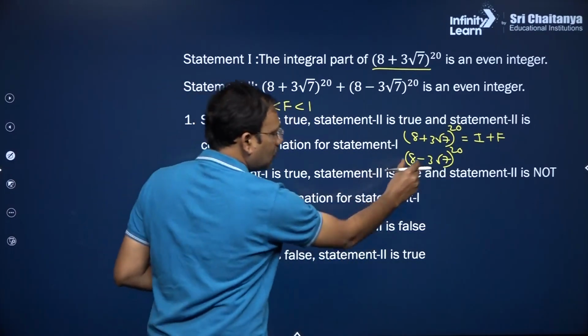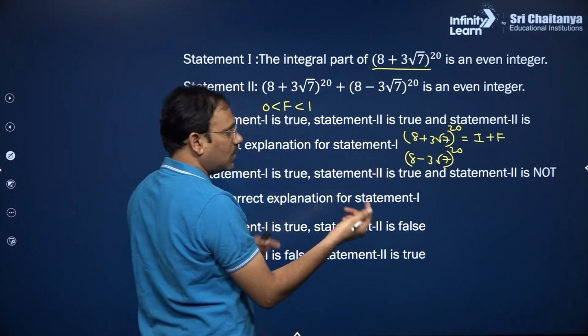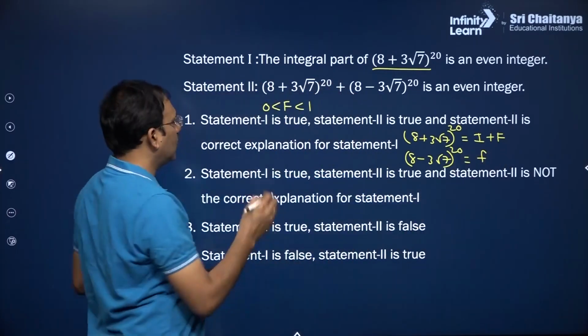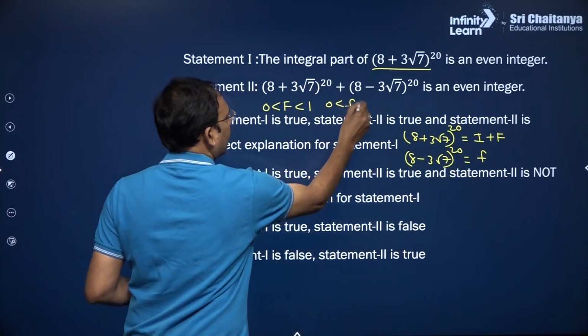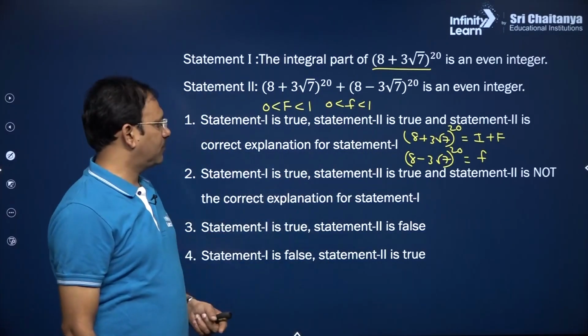So this is a tiny number between 0 and 1, and when you raise it to the power 20 you will get a fractional part only. Let it be small f, surely 0 less than f less than 1, it cannot be more than 1, it must be positive, fine.